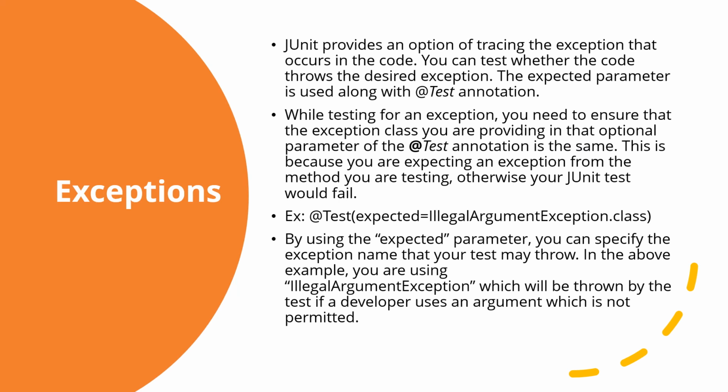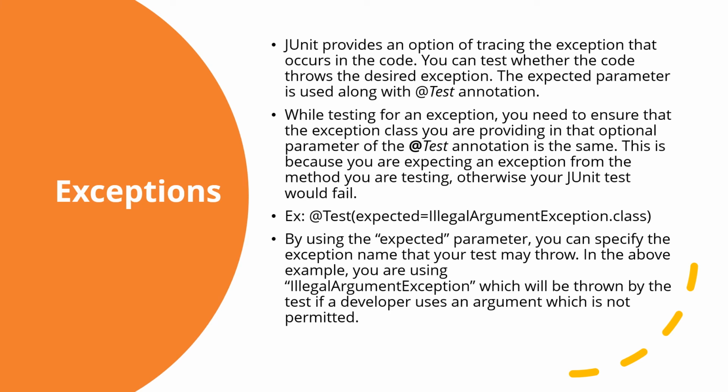We have got exceptions also. So JUnit provides an option of tracing the exceptions that occur in the code. You can test whether the code throws the desired exception. The expected parameter is used along with the @Test annotation. While testing for an exception, you need to ensure that the exception class you are providing in that optional parameter of the @Test annotation is the same. This is because you are expecting an exception from the method you are testing.